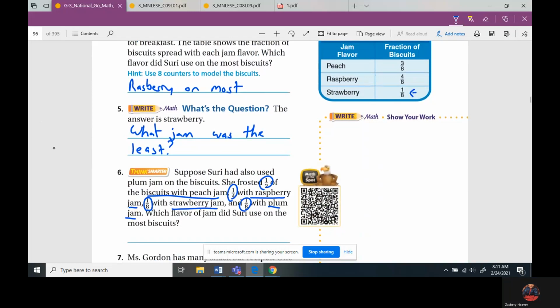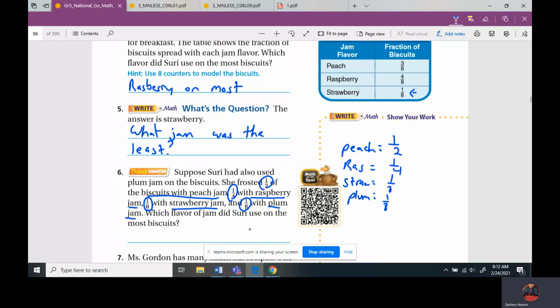So we have peach, which equals 1/2. Got it? We have raspberry, which equals 1/4. We have straw and plum, which both equal 1/8. So it says, what flavor jam did Shiri use the most?